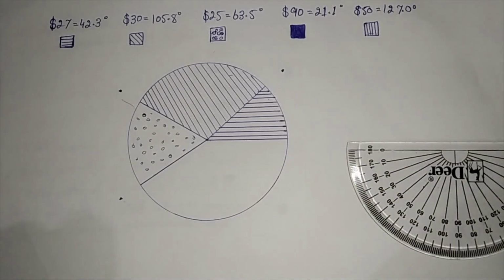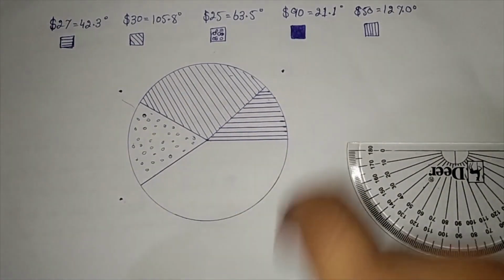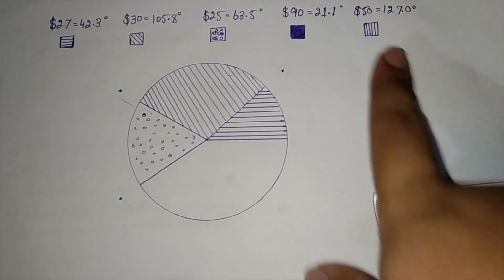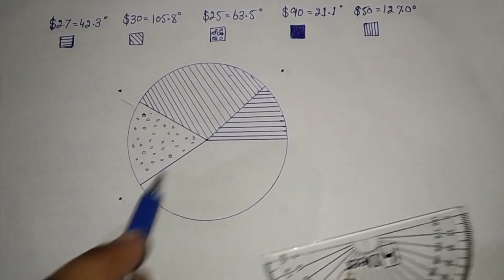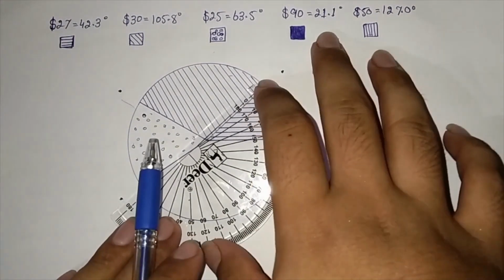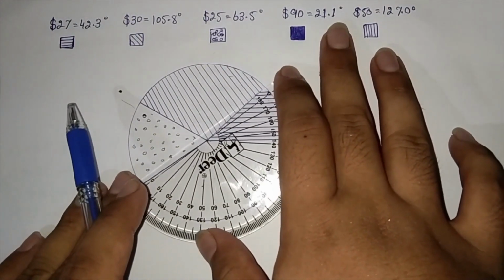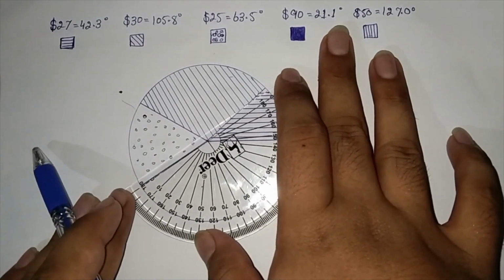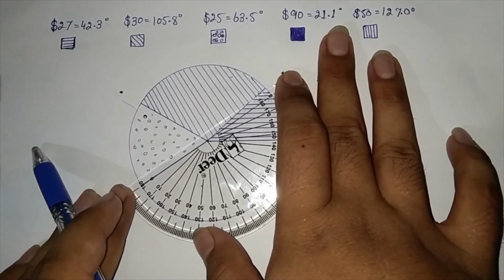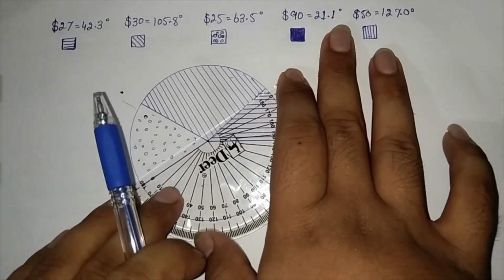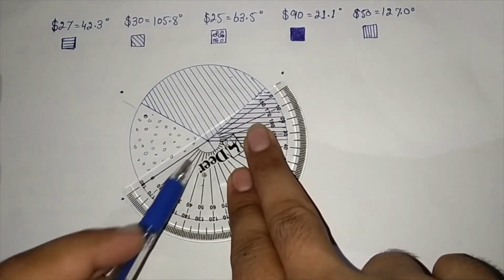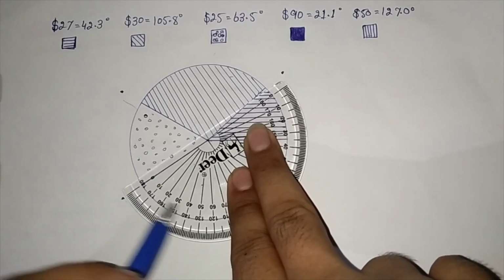Now here we have this category, and here we have 21.1 degrees. Now let's take this one as baseline. So let me put the center here and the 0 line here. Now we will use this 0 because here we have our baseline.